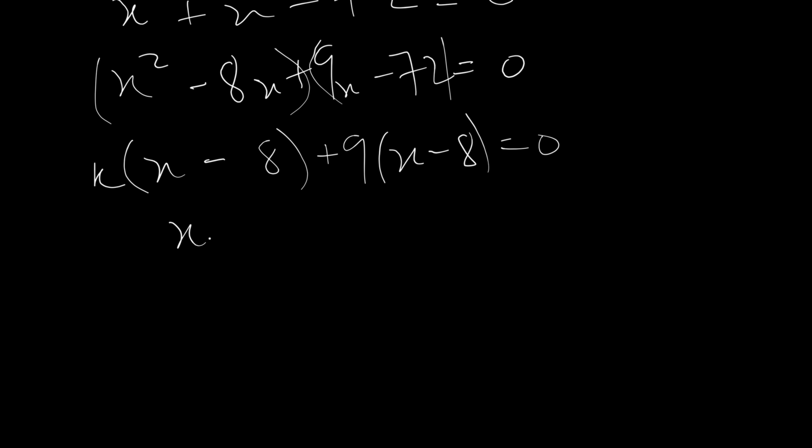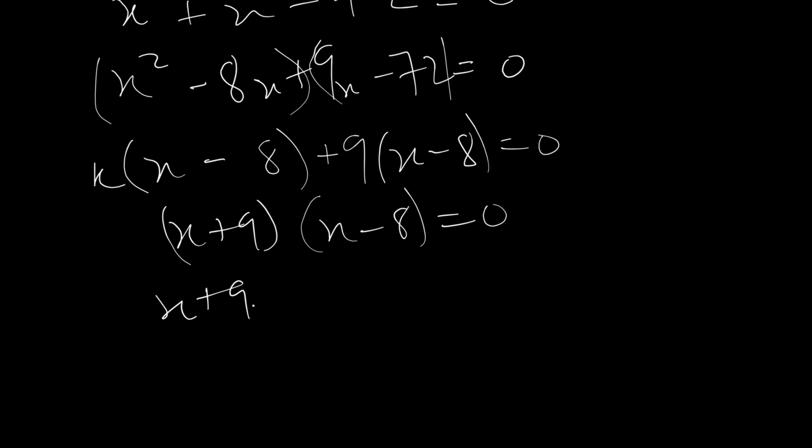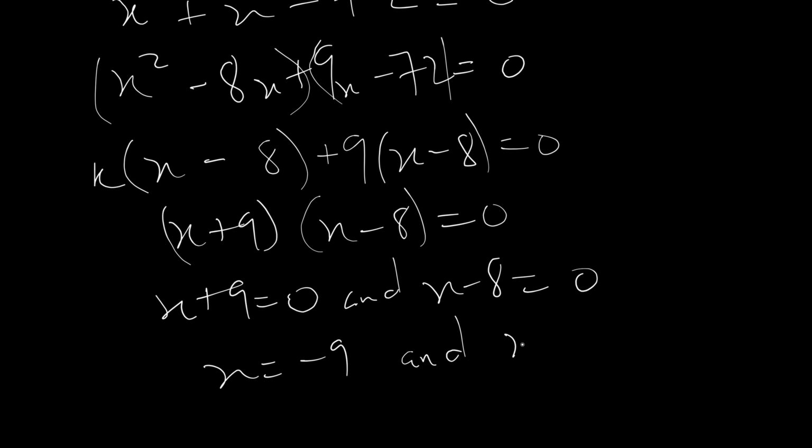Now we have x plus 9, x minus 8 is equal to 0. So we can say that x plus 9 is equal to 0 and x minus 8 is equal to 0. So we have x is equal to minus 9 and x is equal to 8.